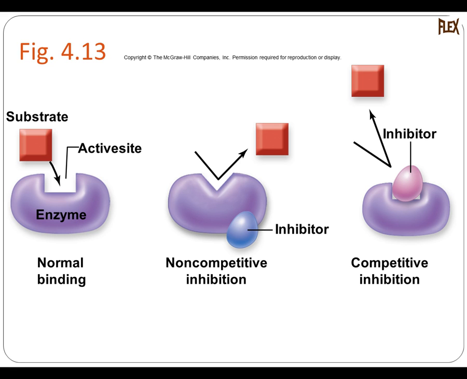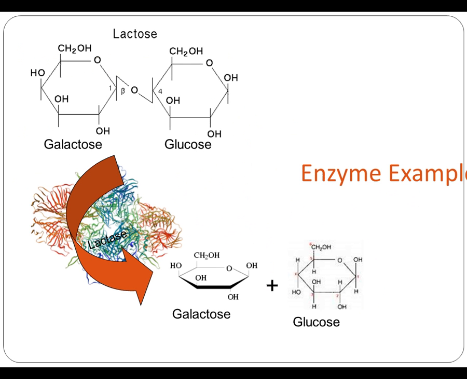And we also contrasted that to positive feedback. Some examples I've already given, like this enzyme called lactase, which is illustrated by this colorful ribbon structure in the background. I was looking at the fine structure of this enzyme. Lactase will take lactose, the disaccharide, and catalyze it so that the glycosidic bond is broken.